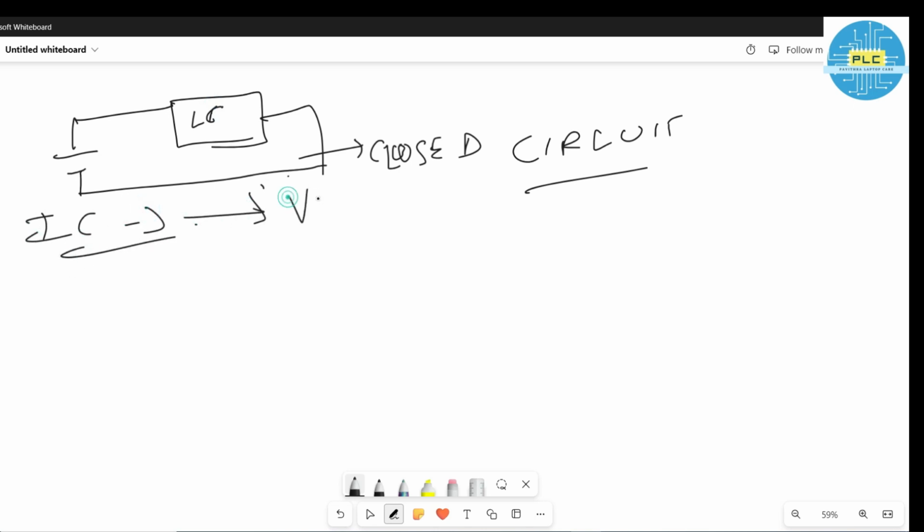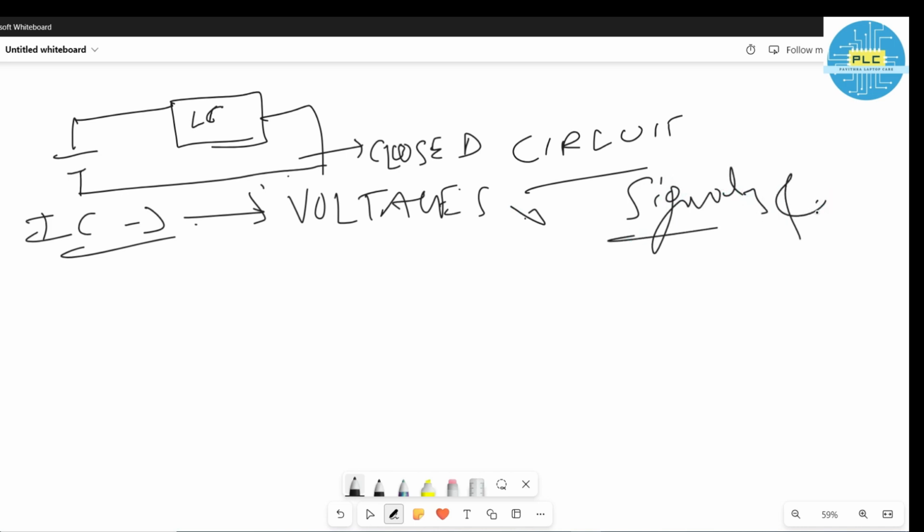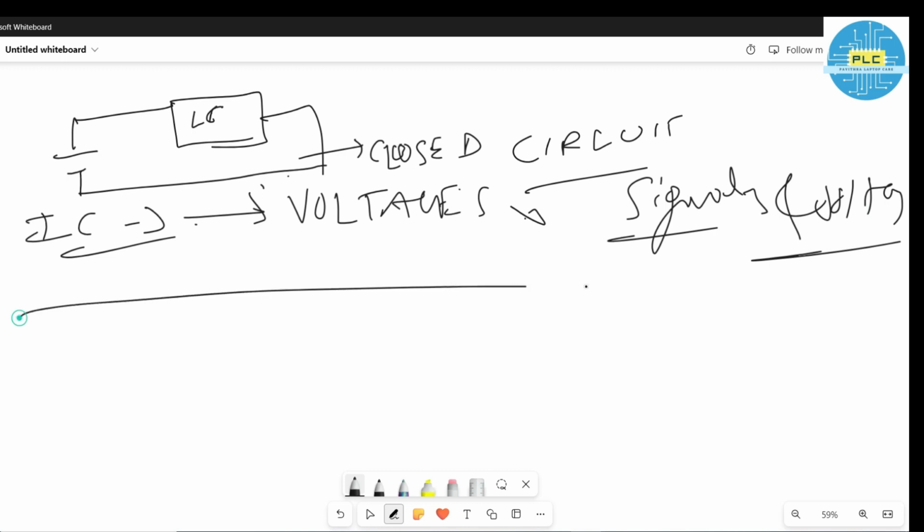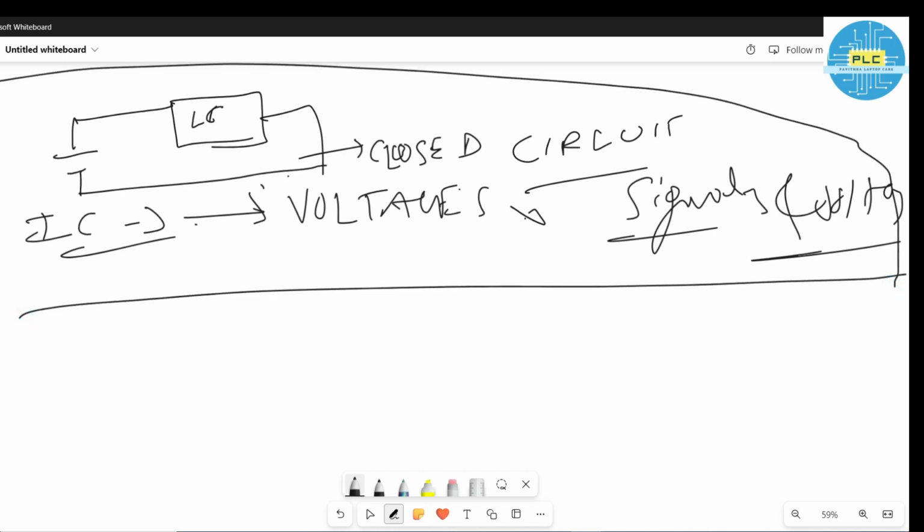Some ICs will produce voltages, and some ICs produce signals and voltages. Got my point? This is a common thing in a laptop. If you know this concept, you can easily understand the circuits.